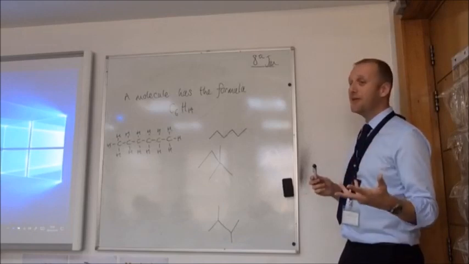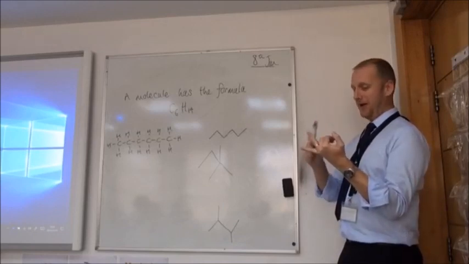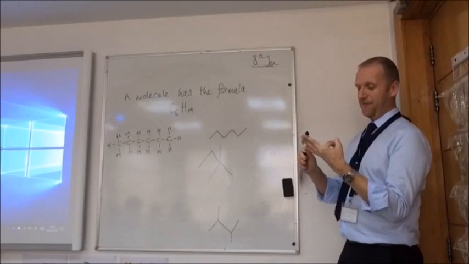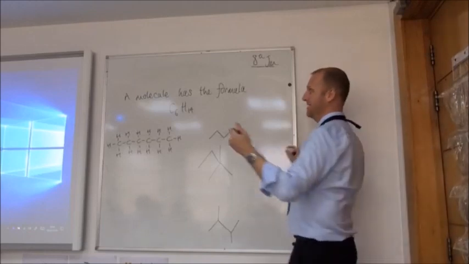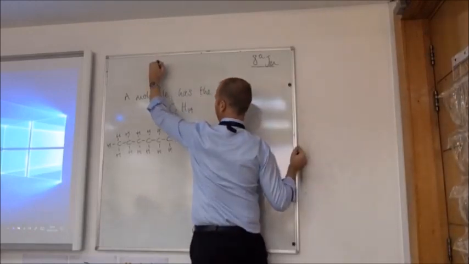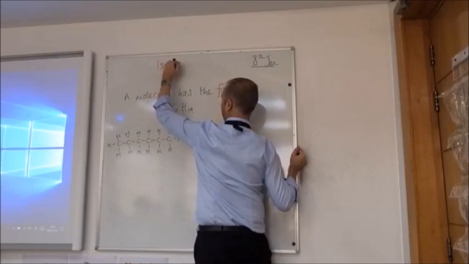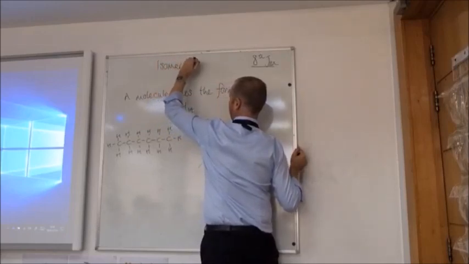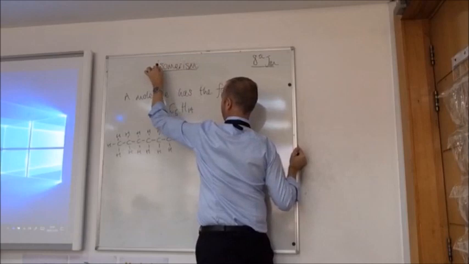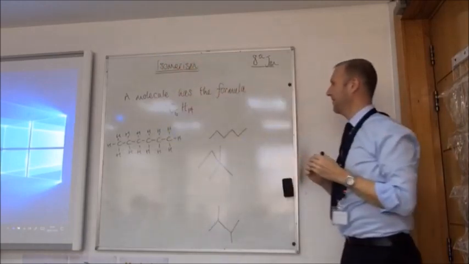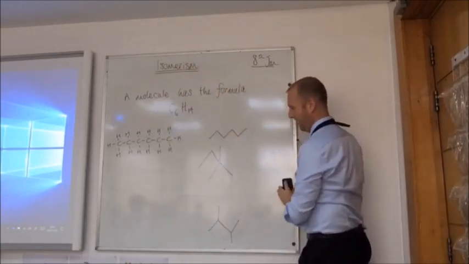And so now it's time for my title for the lesson. You already knew skeletal formula, structural formula, displayed formula. So what we're going on to today is isomerism. We need a definition of that word. I think some of you already know.